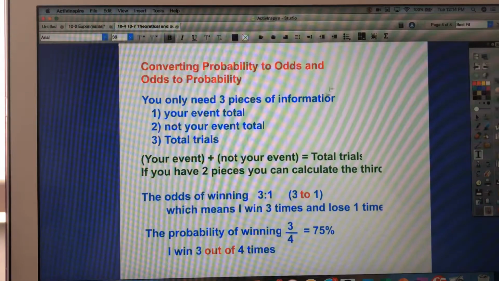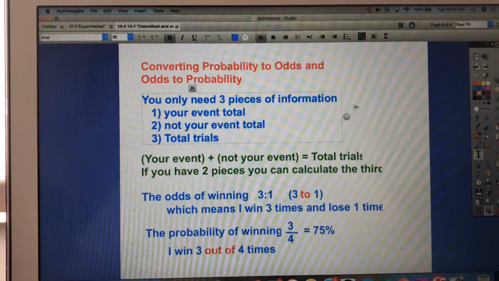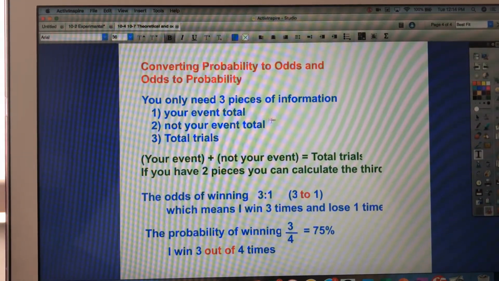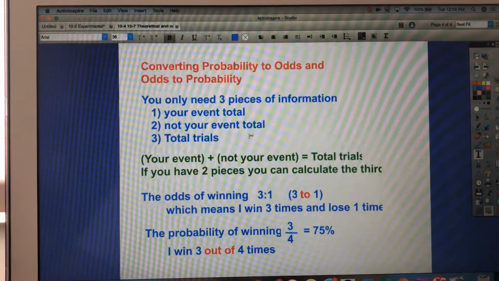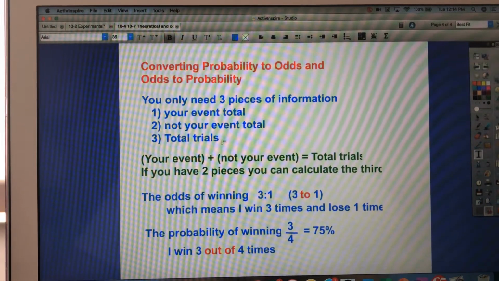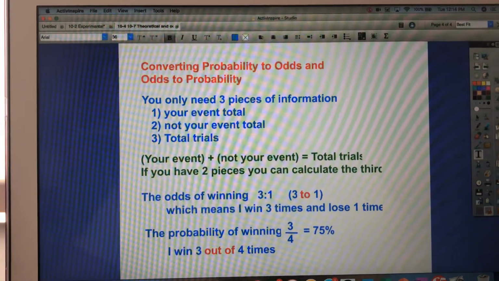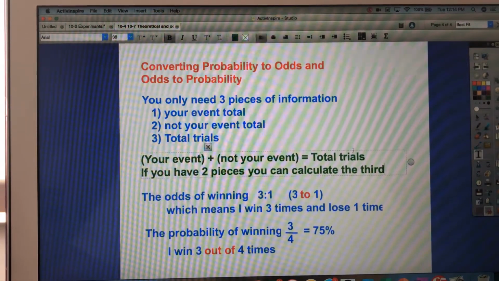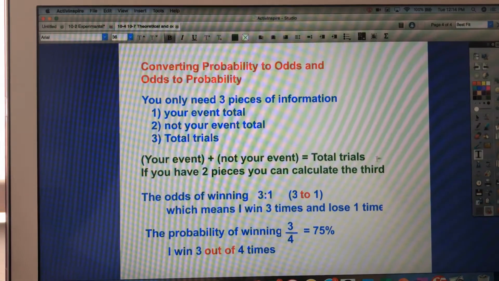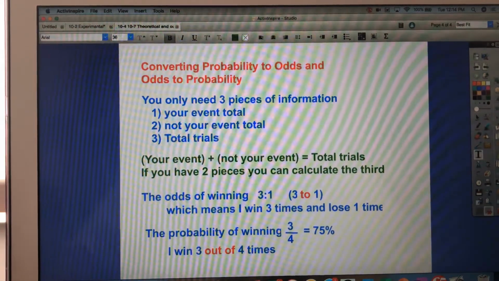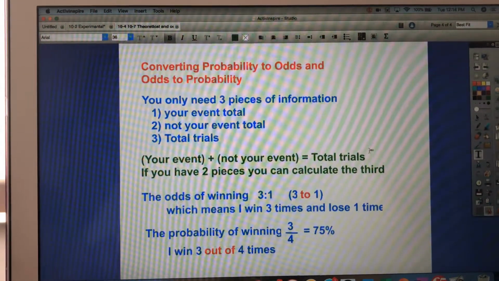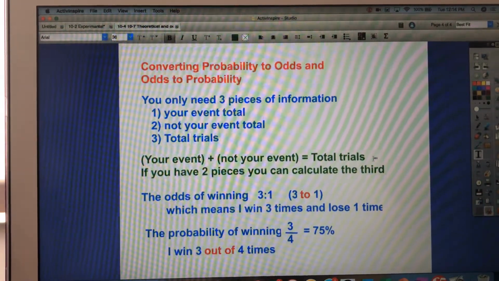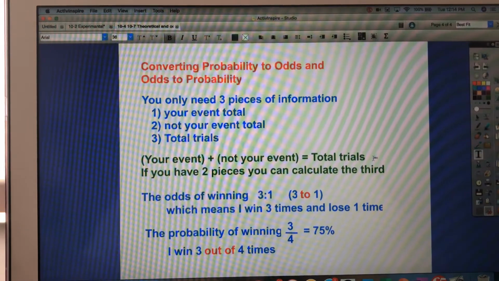You only need 3 pieces of information: your event total, not your event total, and your total trials. Your event plus not your event equals total trials. If you have any 2 pieces, you can use algebra to calculate the missing number. That's just simple, find the missing variable.